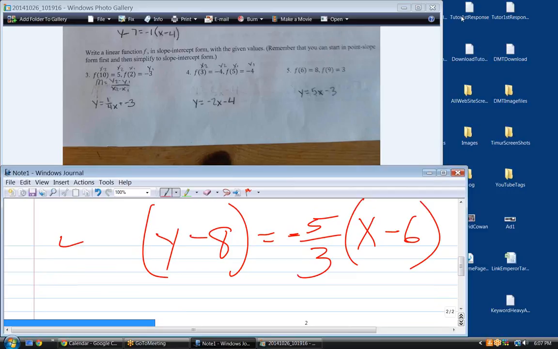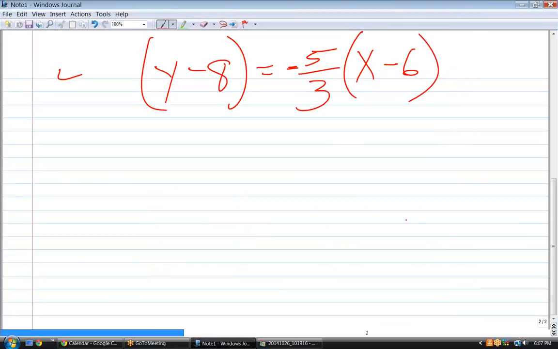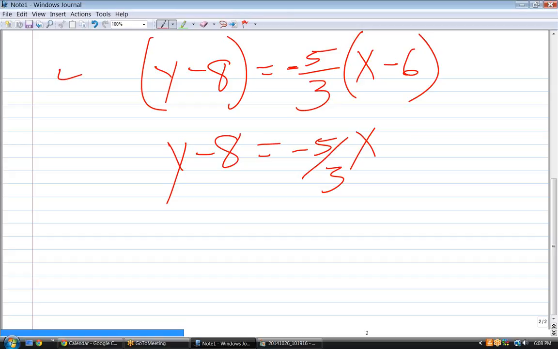So it'd be y minus 8 equals negative 5/3 x minus... You're multiplying a minus times a minus. Yeah, so it'd be plus 10. Good.